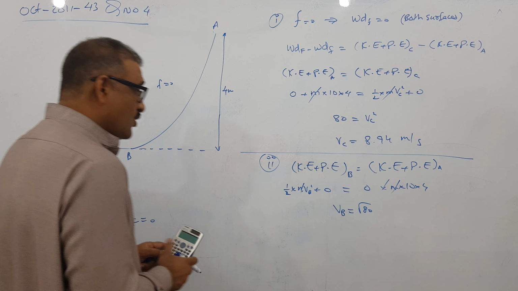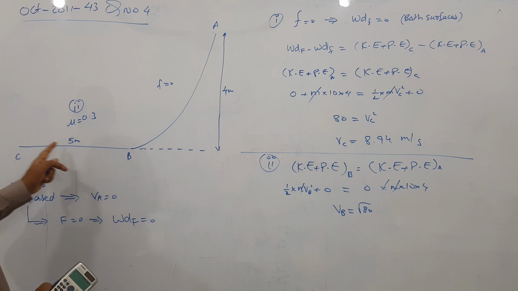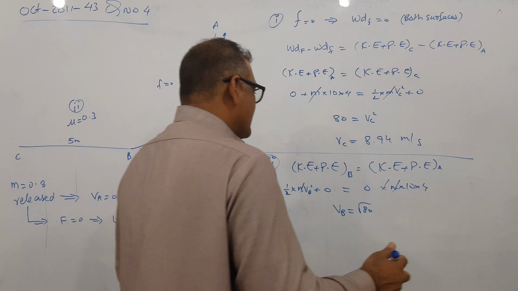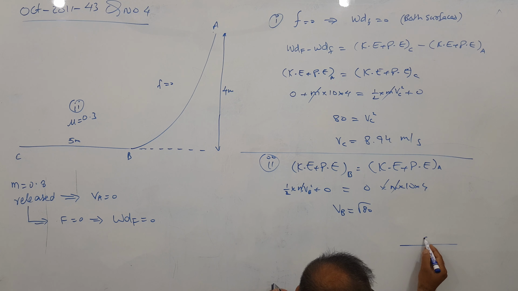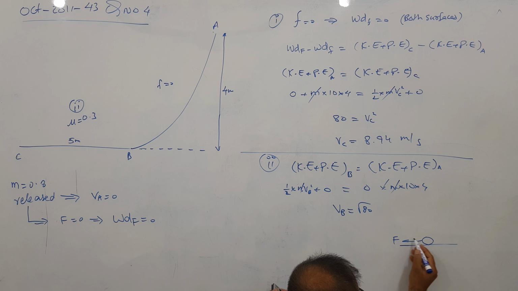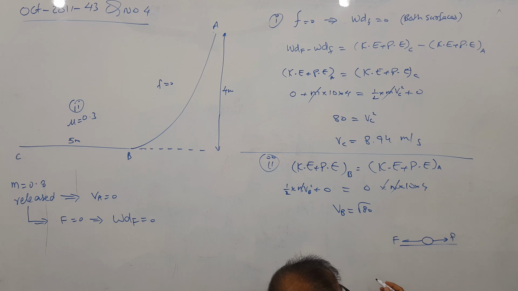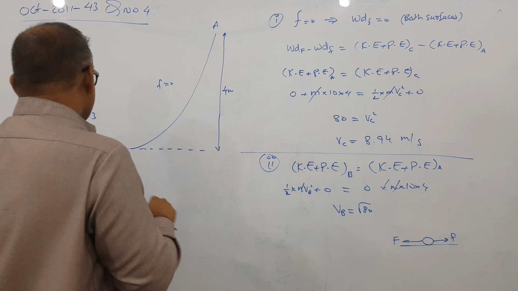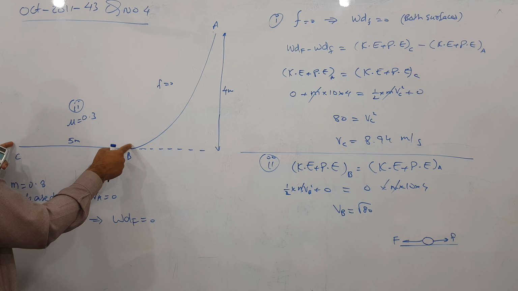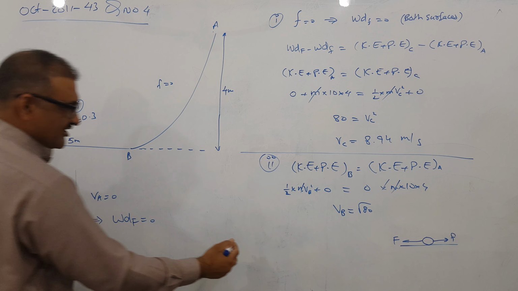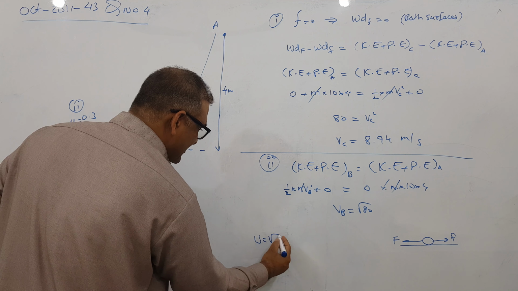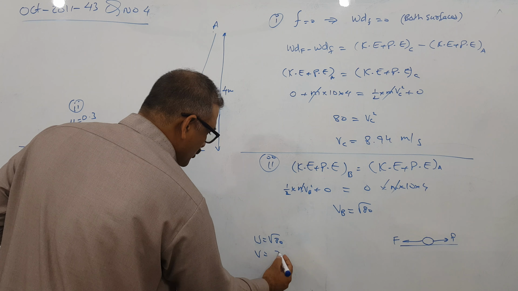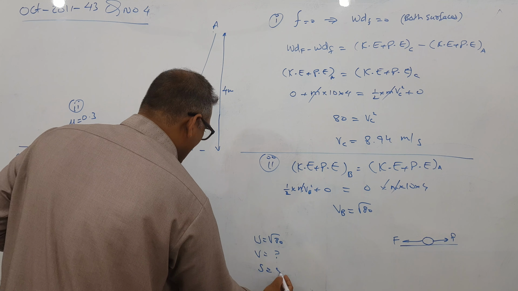Now this section is not smooth, it is rough. Suppose the particle is moving this way, the applied force and the friction force act backwards, and we have to find the speed. We have the starting speed root 80, the final speed is the question, and s is 5 meters.